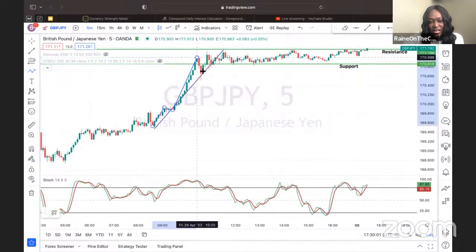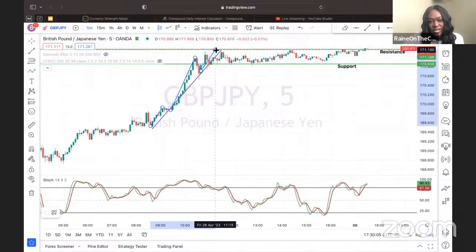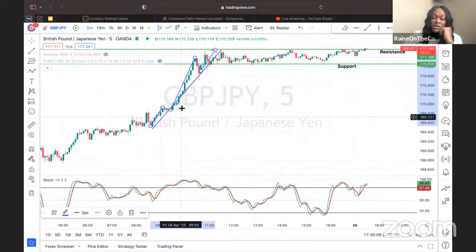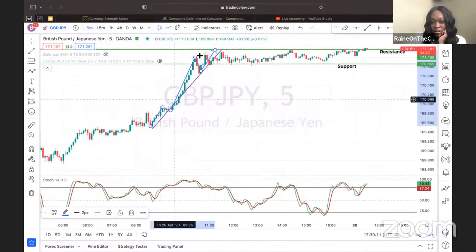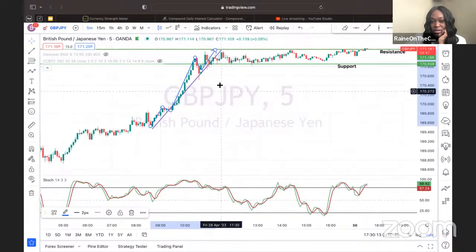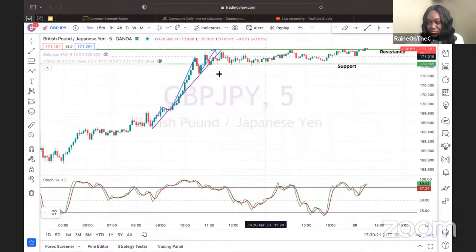It doesn't just go straight, right? Up, down, up, down, up. So, right, it's not just a straight line. So this is an uptrend. Right here, we have the consolidation. Up, down, up, down.